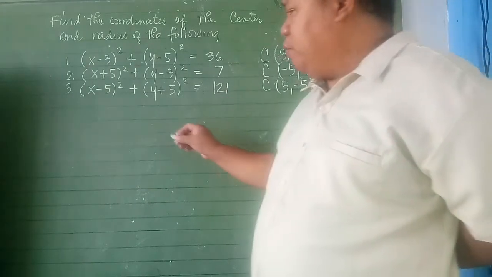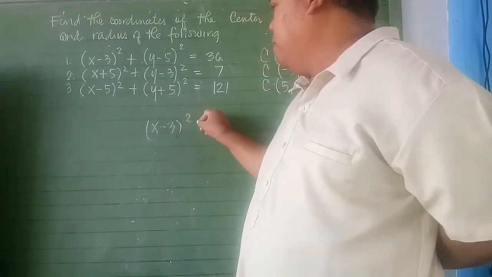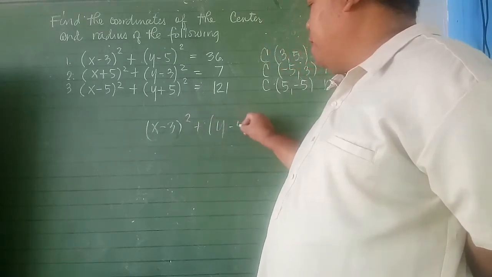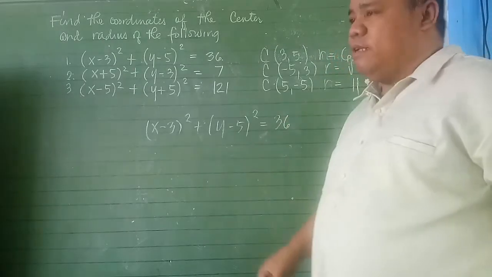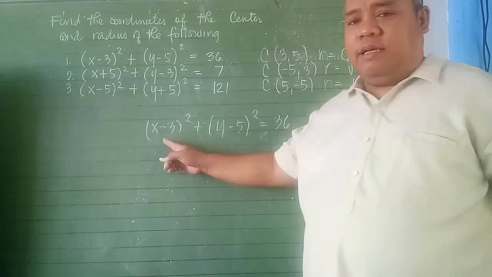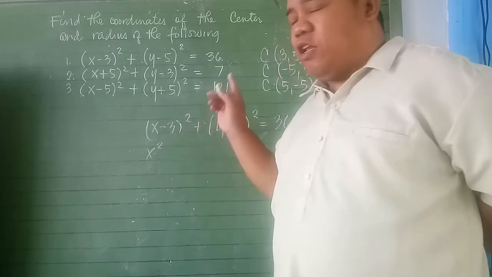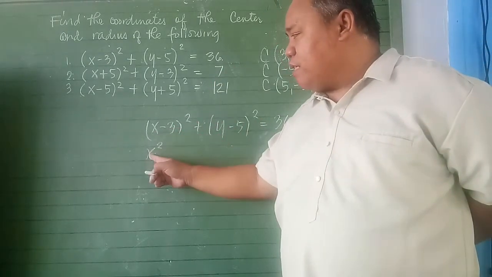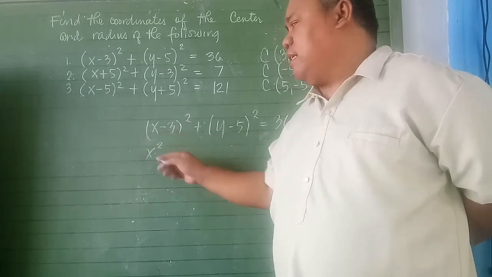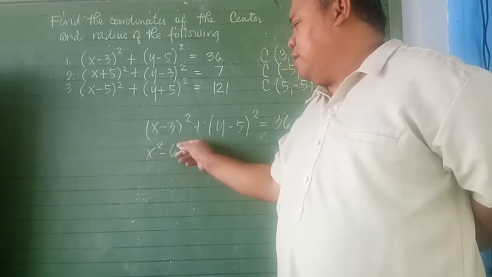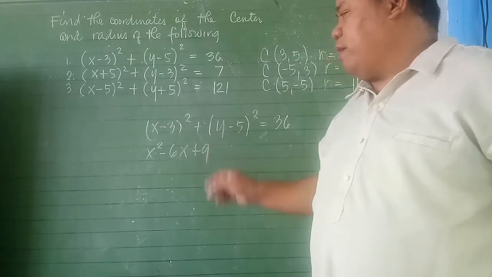All we have to do is to write this one, (x minus 3) squared plus (y minus 5) squared equals 36, and then we square this part. This is x squared. How do we square? The square of the first term, x squared, then 2 times negative 3 times x, that is negative 6x, and the square of the last term, negative 3 squared, is 9.